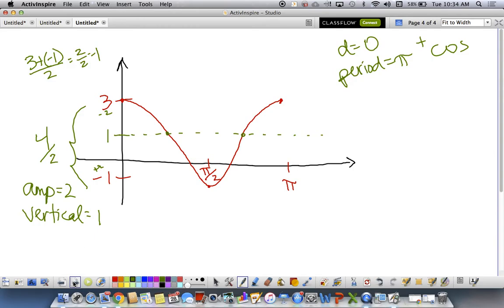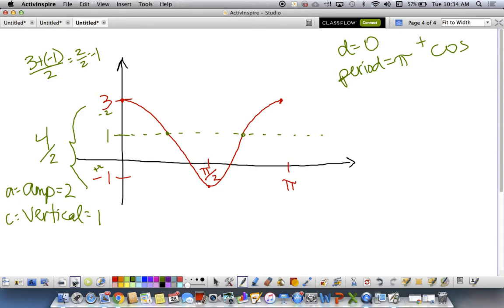We don't really need it for writing the equation. So we have our A and our C right here. We have a D, because we didn't move it back and forth.